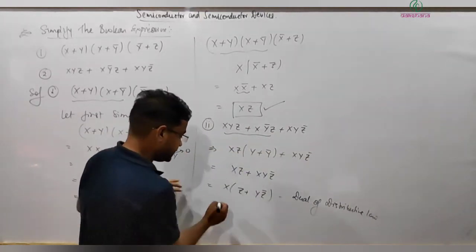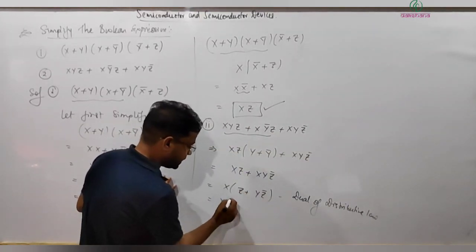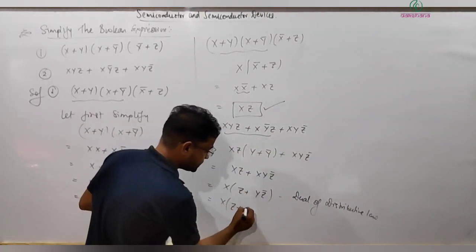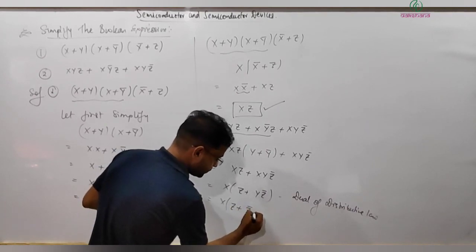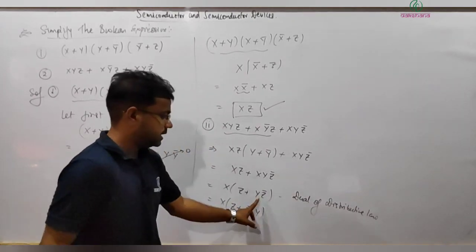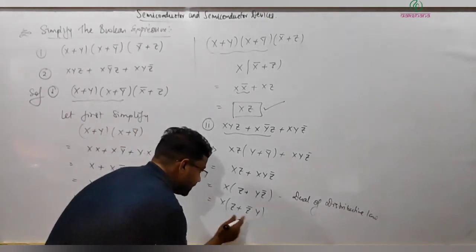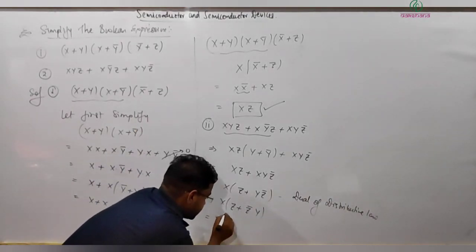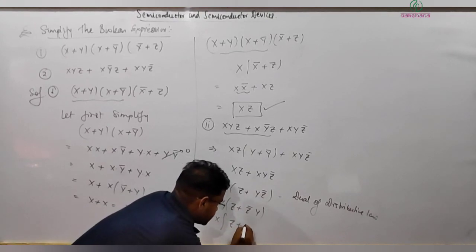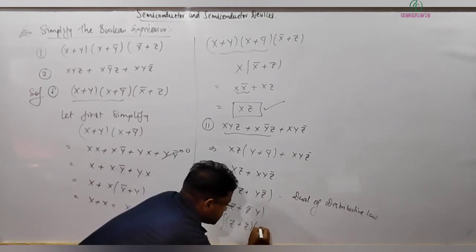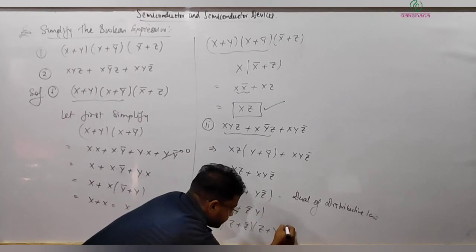So I'm first simplifying it, writing it in a different form, z + z'y, because x dot y is also equal to y dot x. So this can be, and then by using this I can write it as x, and this is (z + z')(z + y).